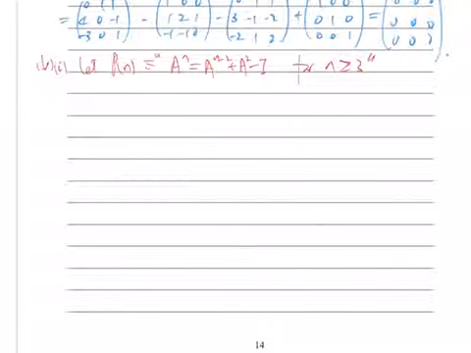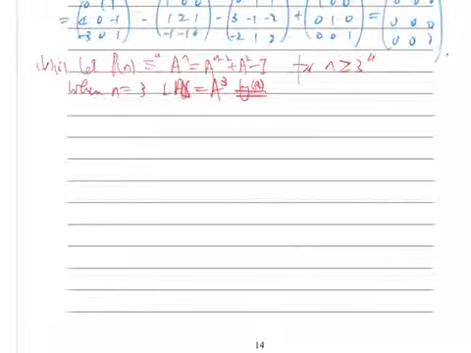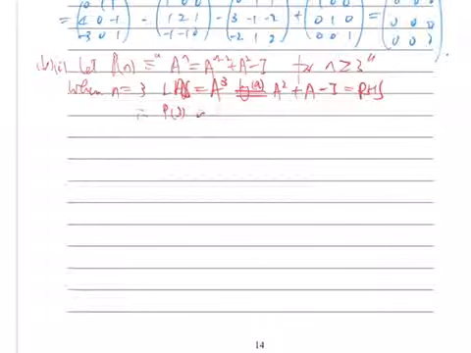When n equals 3, the left hand side is A cubed, and by part A, A cubed can be written as A squared plus A minus I. So it is the same as the right hand side. So therefore P3 is true.